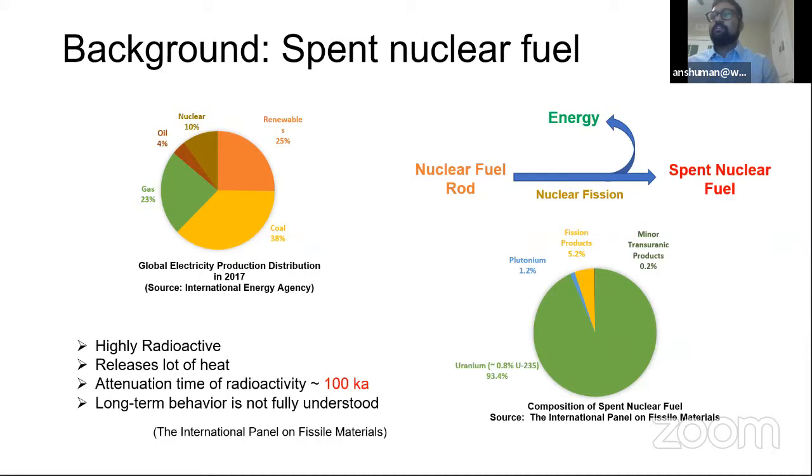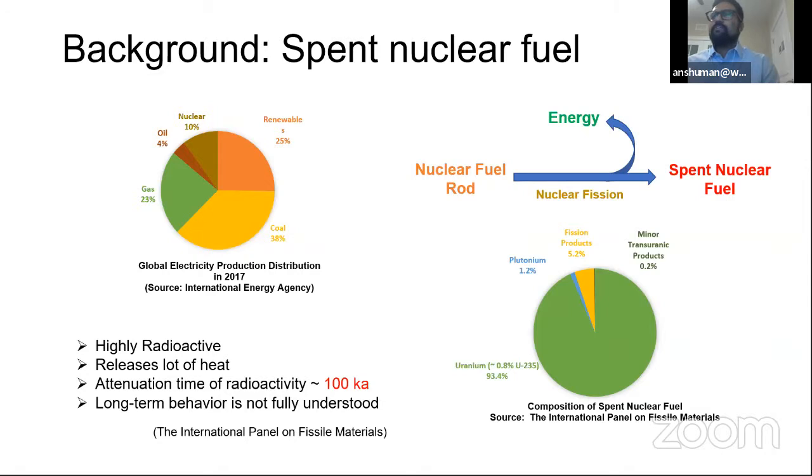First you take the nuclear fuel, which is mostly U-235, and then nuclear fission takes place and you get the energy out of it. Even after fission, a lot of radioactive uranium is still left in the waste material.